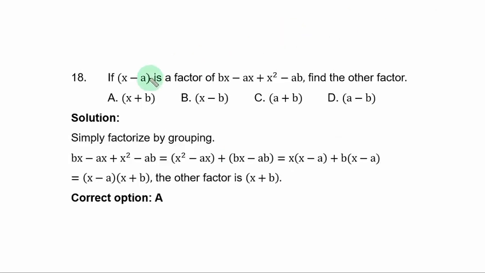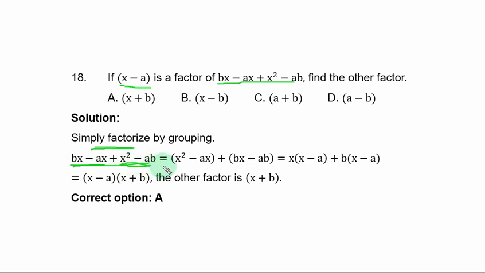Question 18. If S minus A is a factor of BS minus AS plus S squared minus AB, find the other factor. You simply factorize the given expression by grouping. We can take these two terms as one group because they have S in common. Now you must be very careful here. You can as well take these two terms, but looking at the last two, there is no common term.